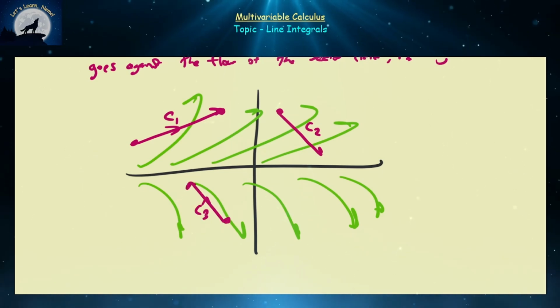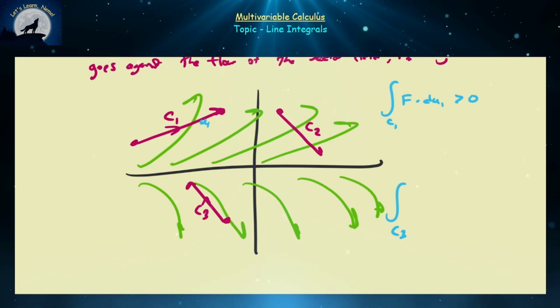Then you should see that C1 kind of goes in the direction of our vector field. So you can say that the integral along C1 of F du1, let's assume that's, say, u1, will be a positive number. For C2 or for C3, you can clearly see that that's going completely against the flow. So that's going to be a negative number.